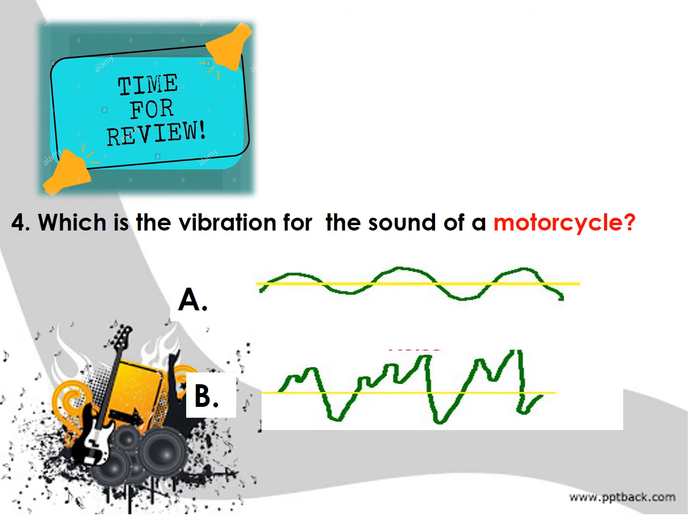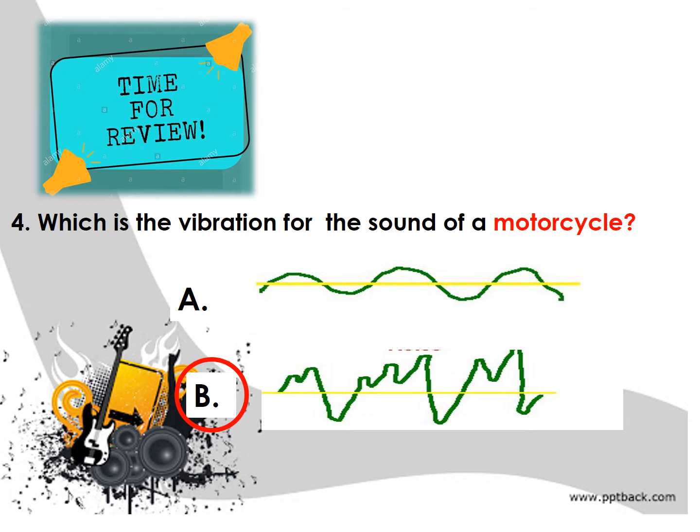Number 4, and the last question. Which is the vibration for the sound of a motorcycle? Is it A or B? What is your answer? If your answer is B, then you are correct. Very good.